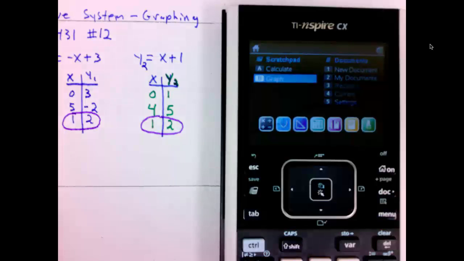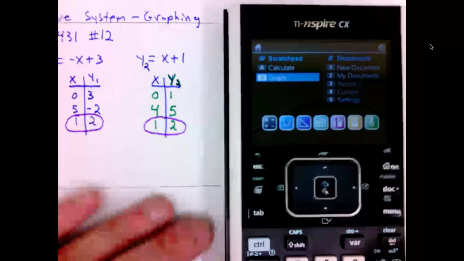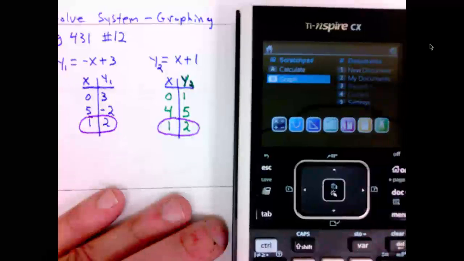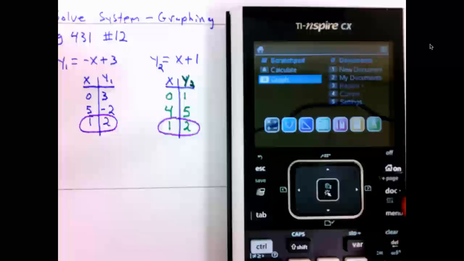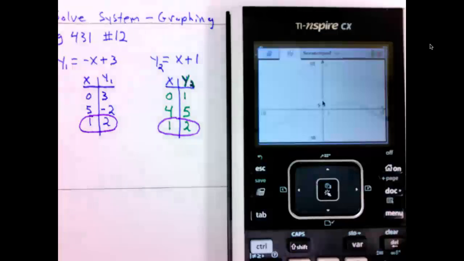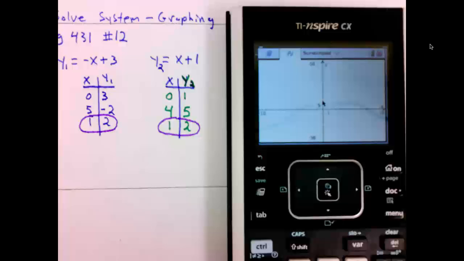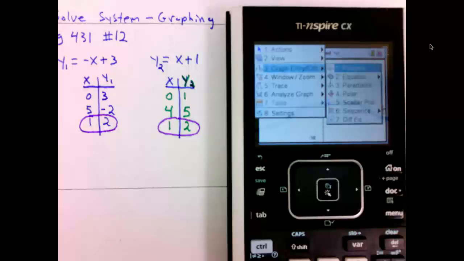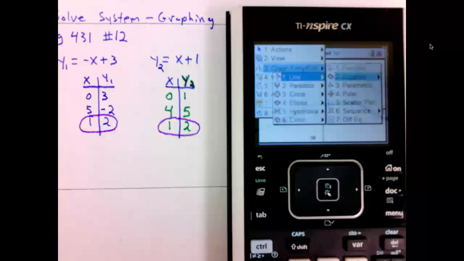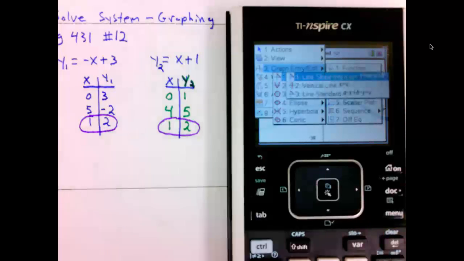We are now going to graph the system using our calculator. From home screen, we will first select B for graph, then menu, then 3, 2, 1, 3 graph entry edit, 2 equation, and 1 line.